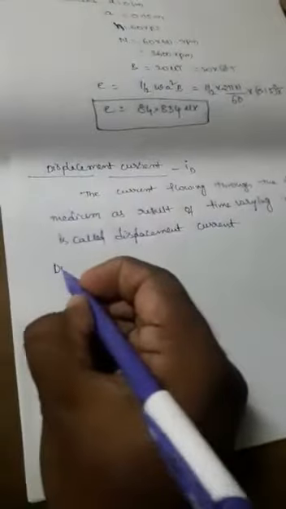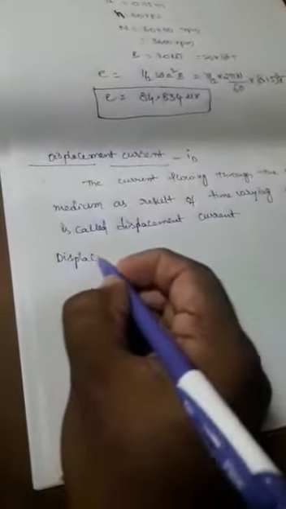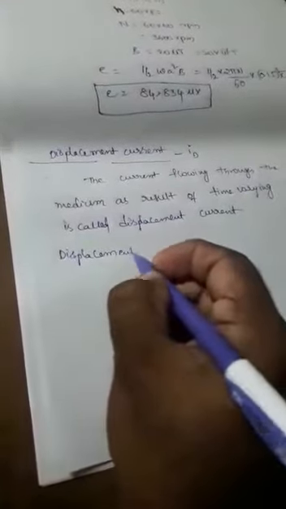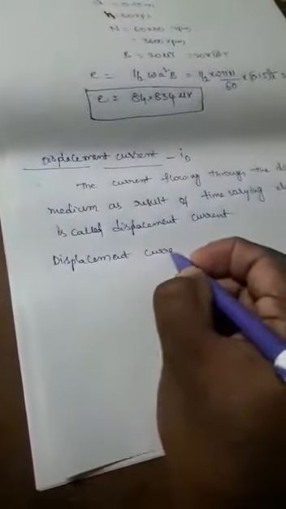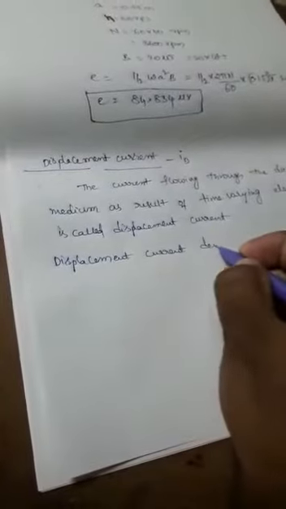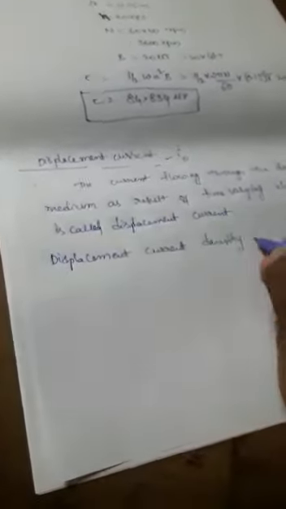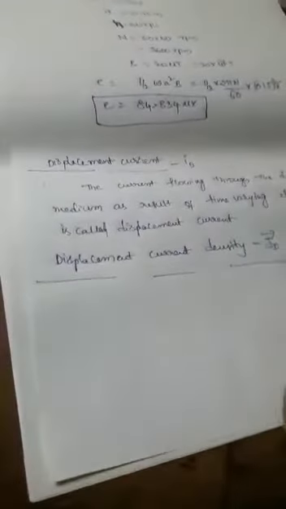Then displacement current density is represented with JD bar because it is a vector quantity.